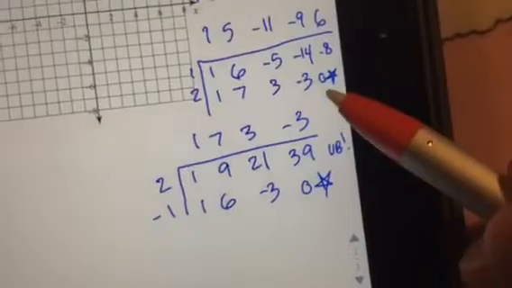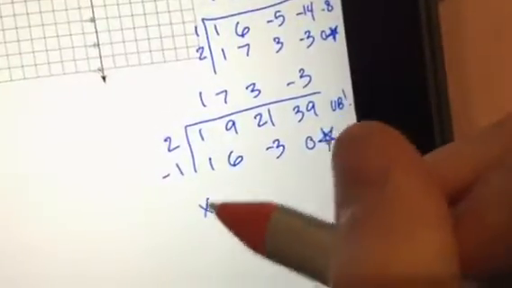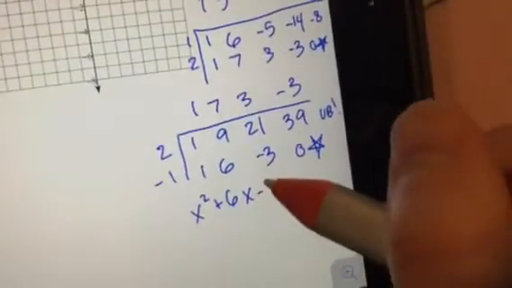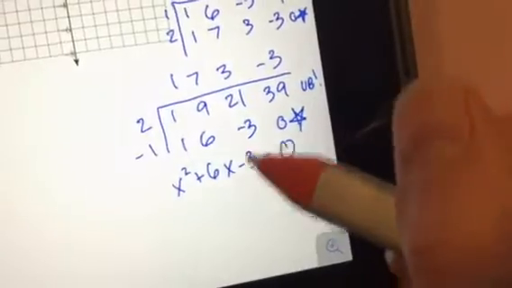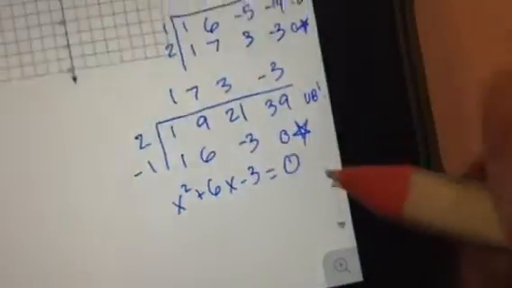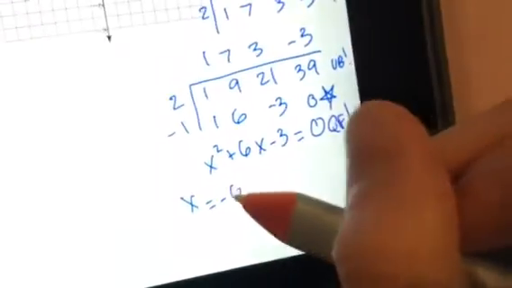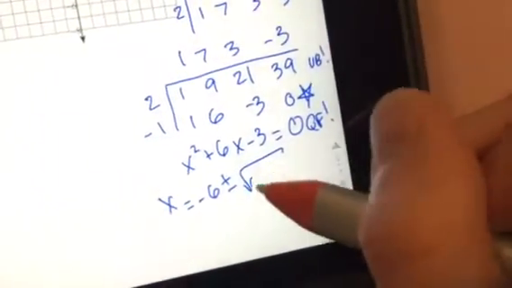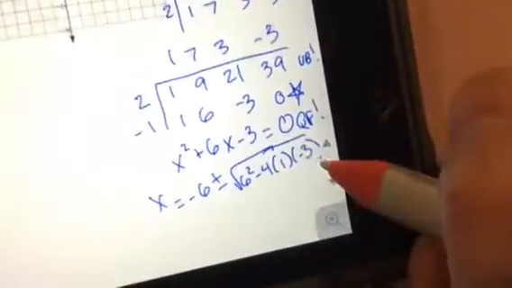So far I have 2 of my roots. I have 2 and -1. I am down to an x squared term: x squared plus 6x minus 3 equals 0. I try to factor this, but the only things that multiply to 3 are 3 and 1, and those definitely don't add to 6. So now I have to do the quadratic formula. x equals the opposite of b, plus or minus the square root of b squared minus 4ac, all over 2a.